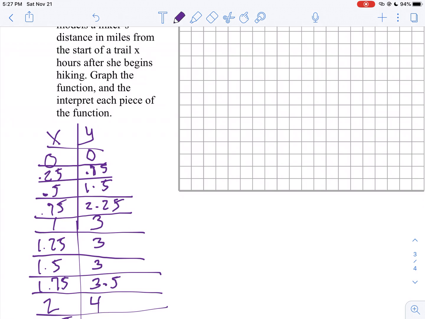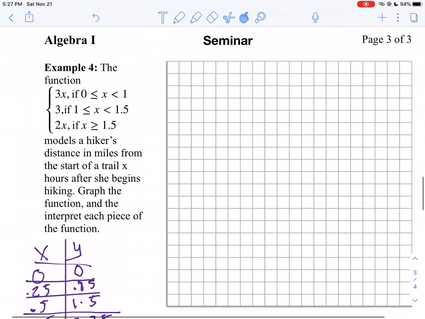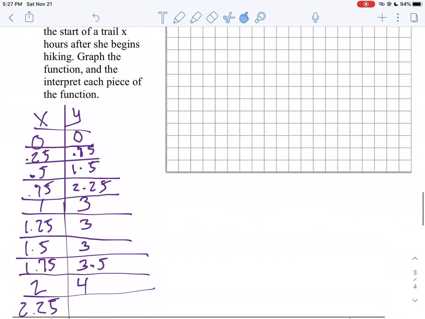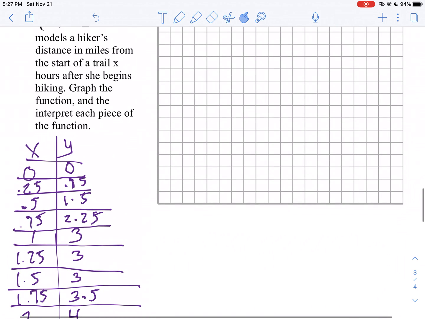So what I'm going to do is put x in the bottom of my graph, and I need to go up to 2. I think I count by 0.25s. I'm not going to write in all of them, but I'm going to count by 0.25s. Here's what I mean. I'm going to start at 0. That's way too thick, so I want to make it thinner.